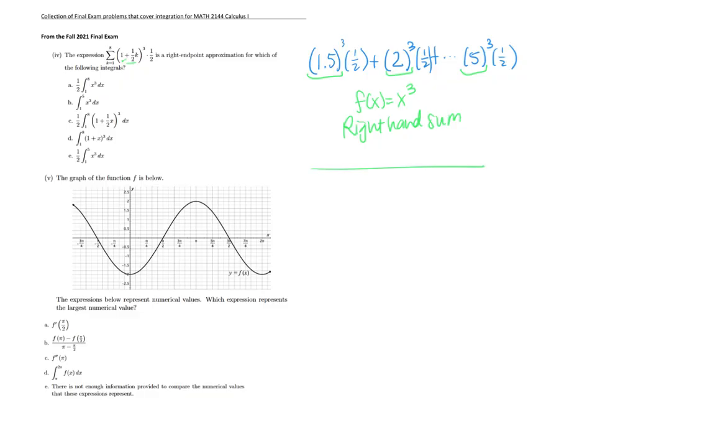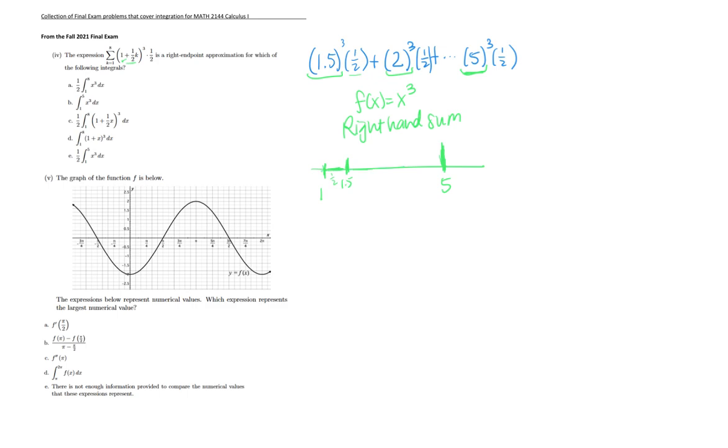And my interval is going to be from 1 to 5. The very last one, I'm plugging in the right-hand value, which is 5. And in the first one, I'm plugging in 1.5, which is the right-hand side of that first interval. And my delta x is a half, so I'm scooching over by 1/2 each time.